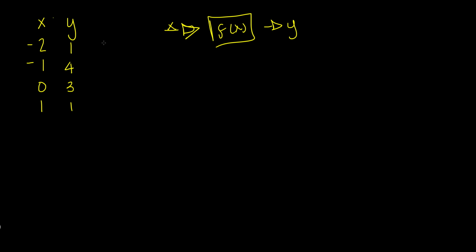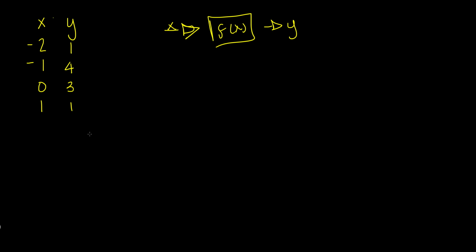So the independent becomes the dependent and the dependent becomes the independent. In this inverse relation, we have -2, -1, 0, and 1 as our independent values in the original, and 1, 4, 3, and 1 as our dependent values.